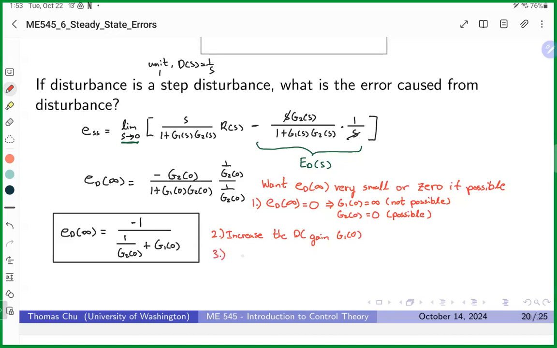Or we can decrease the DC gain of G2 of 0, where if we make G2 smaller, then this term will be bigger, and therefore error is going to be smaller.